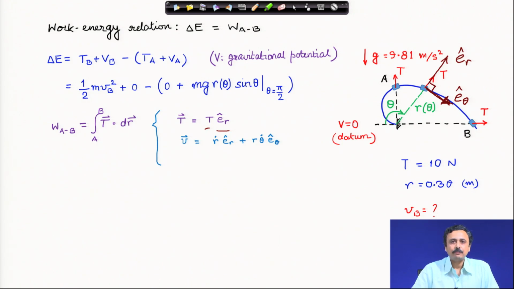How do you represent velocity in the coordinate system chosen? The velocity is represented as r dot E r cap plus r theta dot E theta cap. Now, what is velocity? Velocity is nothing but the vector dr dt.